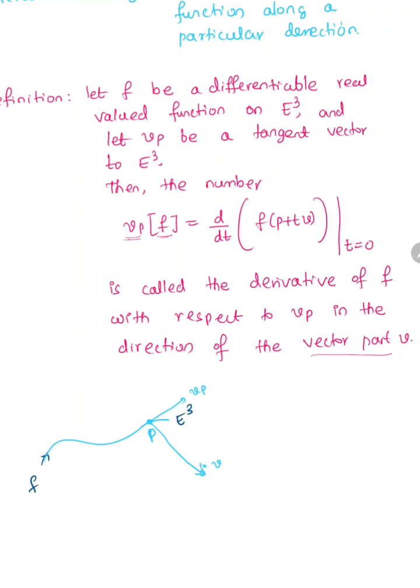So this is the direction of V. Now the directional derivative of f is nothing but the change in f with respect to Vp, the tangent vector, along the direction of the vector part V.